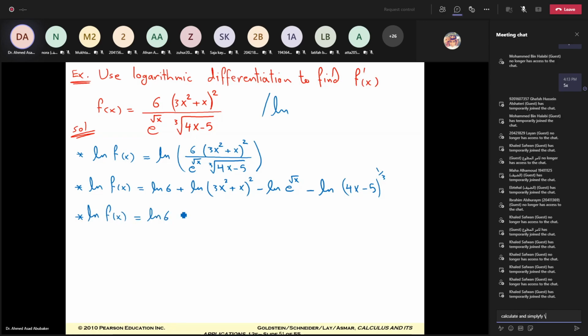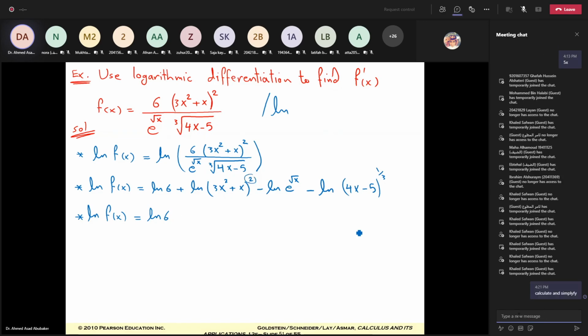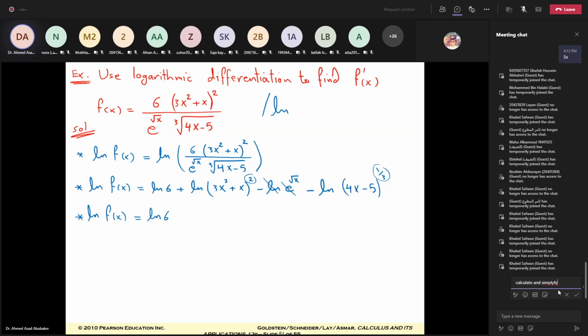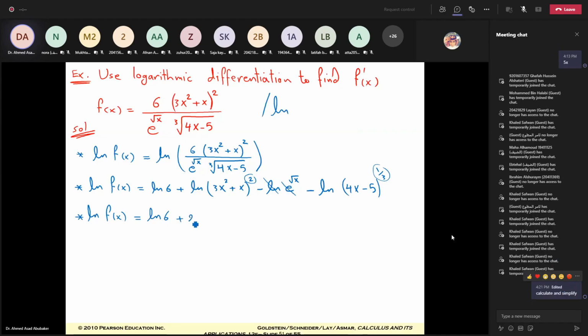So we have exponents here and here, and here we can remove ln with e to simplify more. So we have plus 2 ln 3x squared plus x, minus radical x, minus 1 over 3 ln 4x minus 5.